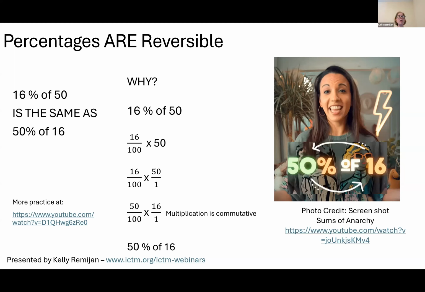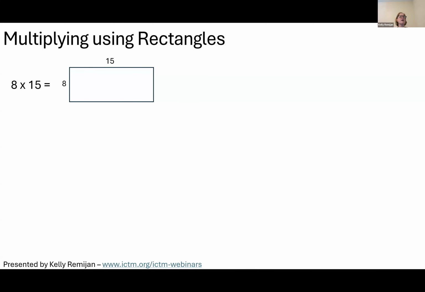Another topic that allows us to make connections into other concepts beyond multiplying is when we can multiply using rectangles. If we have 8 times 15, we can think of it as a rectangle that has dimensions of 8 by 15 or 15 by 8, because multiplication is commutative. Now, we can think of 15 being broken up into 10 plus 5.